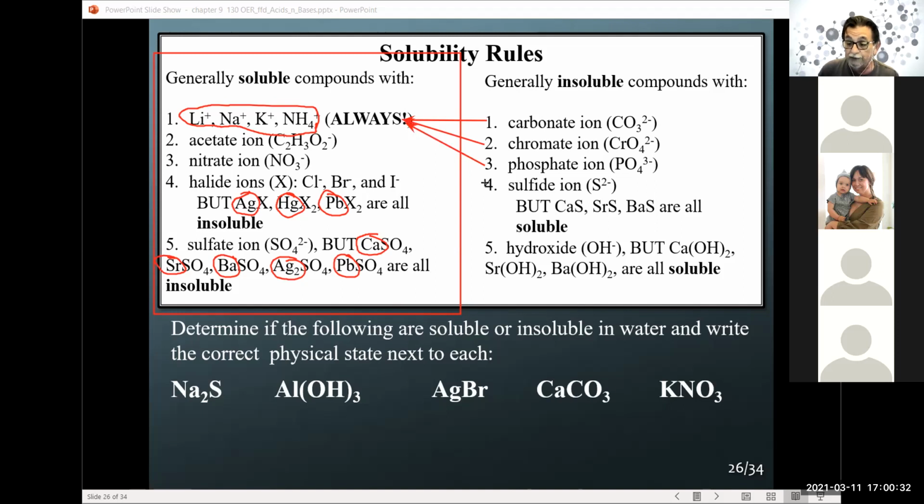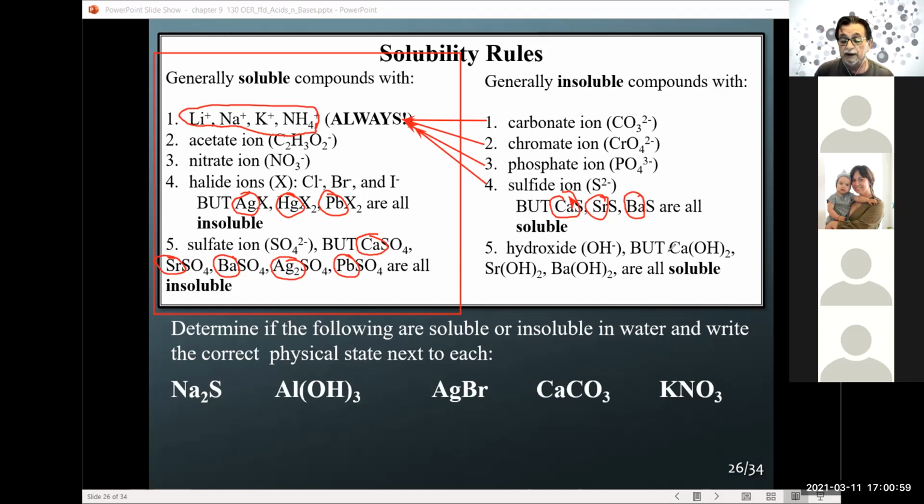And the sulfides not only have the big 4, but there are 3 more: calcium sulfide, strontium sulfide, barium sulfide. Plus the 4, there's 7 examples of sulfides that are soluble, which means that everything else is insoluble.